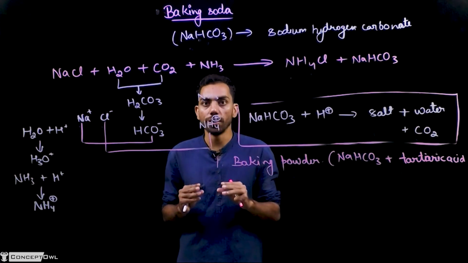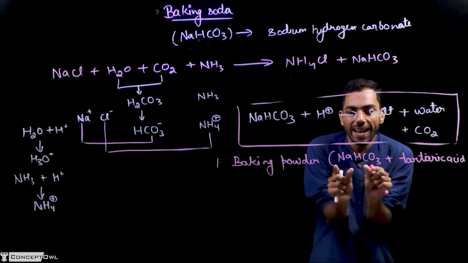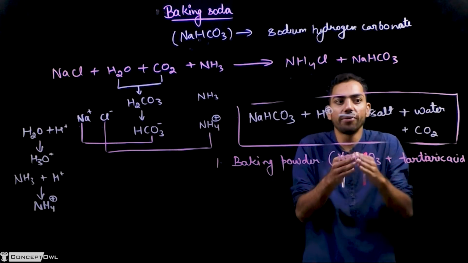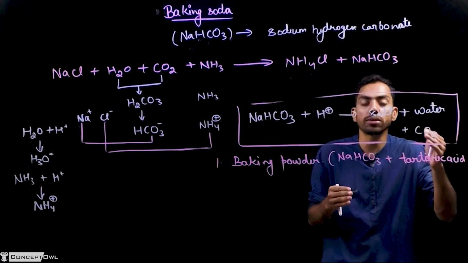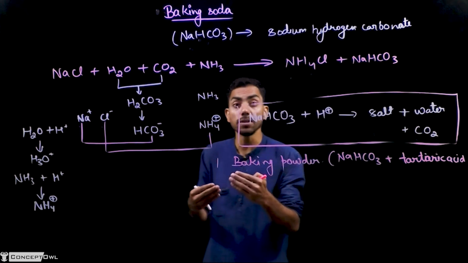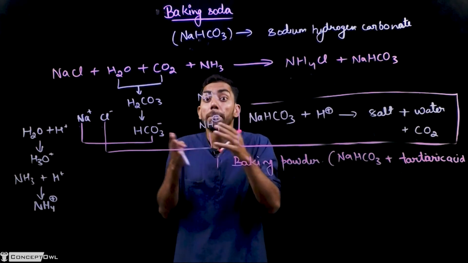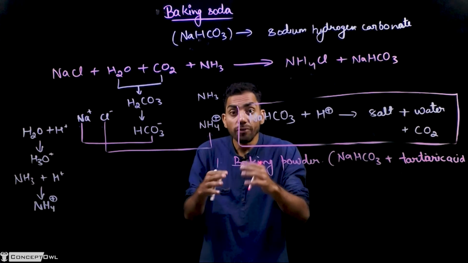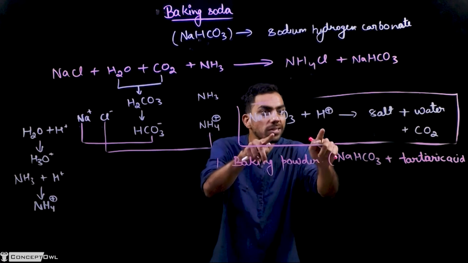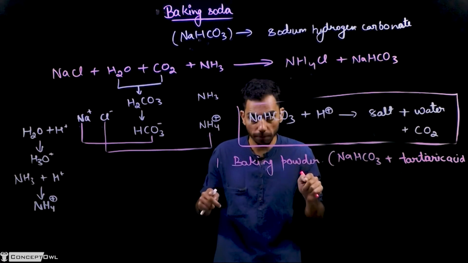So when baking powder is mixed with water, these two, NaHCO3, our baking soda, and tartaric acid, start reacting with each other and form carbon dioxide. And this carbon dioxide is responsible for the rise of cake and bread, which makes them soft and spongy. Is this clear? So this reaction is responsible for the action of baking powder.